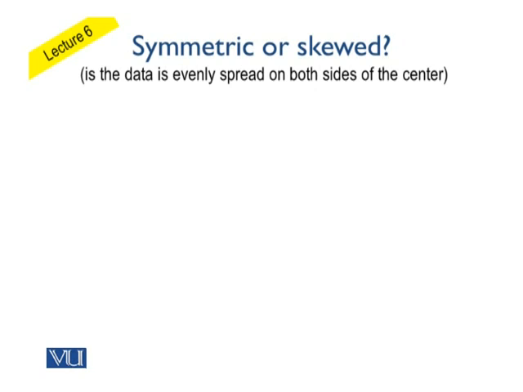In that case, most of your values would be centered around a central value, and the values would be symmetric around both sides of the center. You may also have a skewed distribution in which the chances of having data on either side of the central value are not the same. In fact, data is more probable to occur on one side. So this would be a skewed distribution.